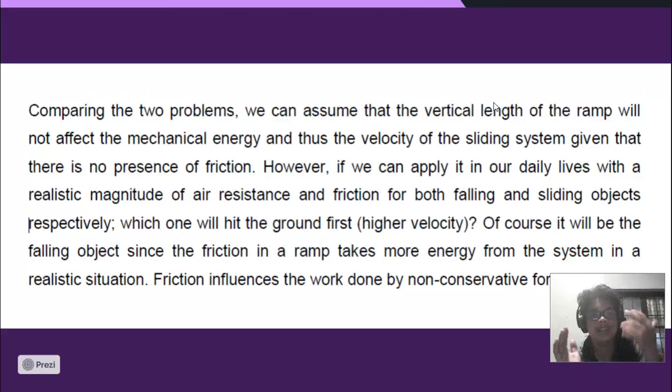Okay, however, if we apply it in our daily lives with a realistic magnitude of air resistance and friction for both falling and sliding objects respectively, which one will hit the ground first, or will have higher velocity? Of course it will be the falling object. Guys, we are talking about free fall motion and the frictionless ramp.